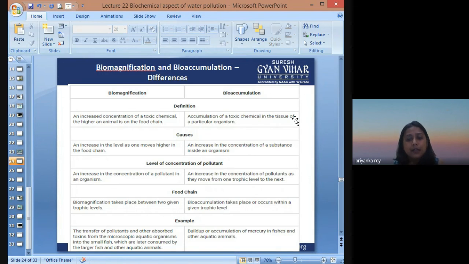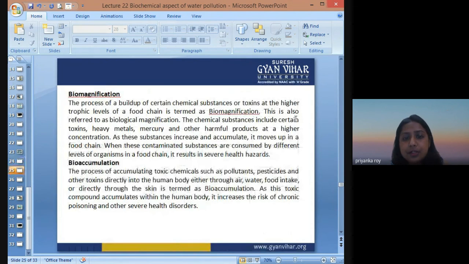Examples can be seen in the transfer of pollutants and other absorbed toxins from microscopic aquatic organisms into small fish, which are later consumed by larger fish and aquatic animals, and the buildup of mercury in fish and other aquatic animals. Biomagnification is the process of chemical substances or toxins increasing at a higher trophic level, whereas bioaccumulation is the accumulation of toxic chemicals such as pollutants and pesticides into human bodies and other food chains.